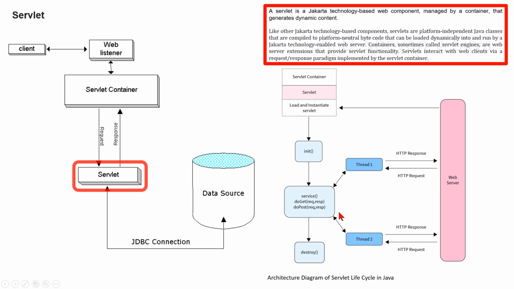These objects are passed as parameters to the service method of the Servlet interface. In the case of an HTTP request, the objects provided by the container are of type HttpServletRequest and HttpServletResponse. Note that a servlet instance placed into service by a servlet container may handle no requests during its lifetime.